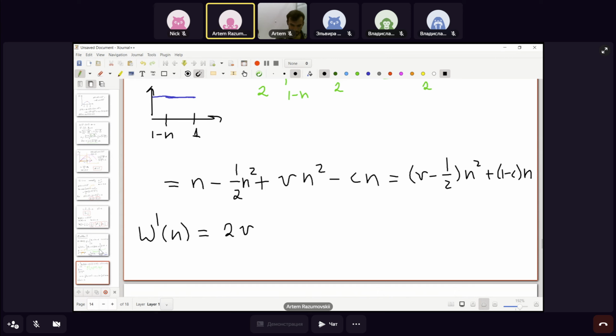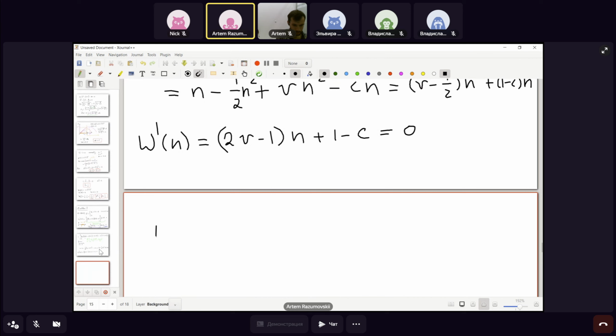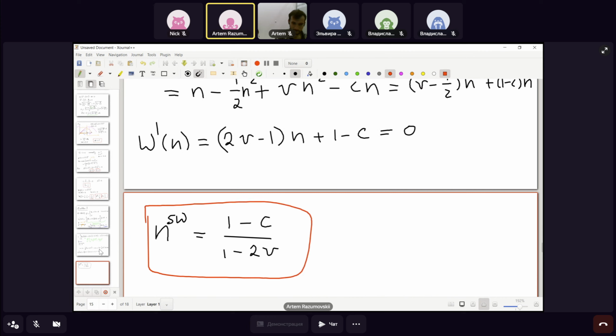This is 2vn minus n plus 1 minus c. And if we equalize it to 0, then we have n equal to 1 minus c over 1 minus 2v. So this is the social welfare.